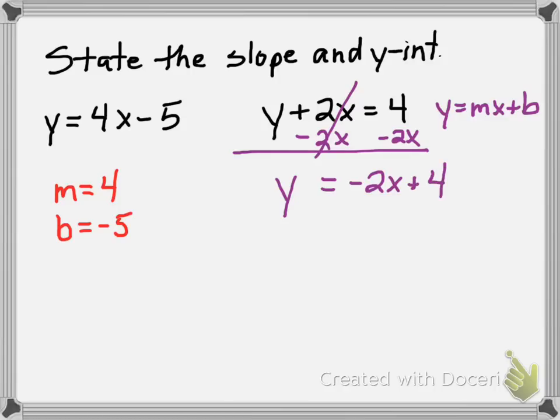Okay. Now, you could have written 4 minus 2x, but since the equation wants the x first, I had to put the negative 2x in front and the positive 4 in the back. And now, this equation looks like our formula, y equals mx plus b. So now we can see that the m is negative 2 and that the b is 4.